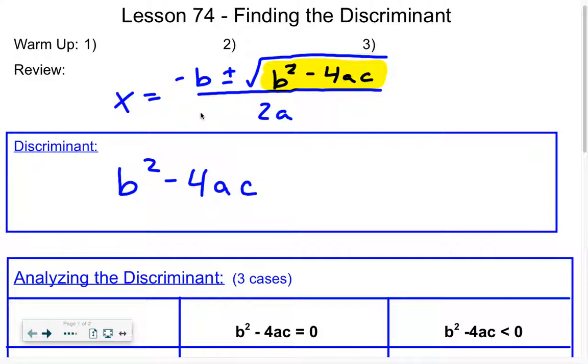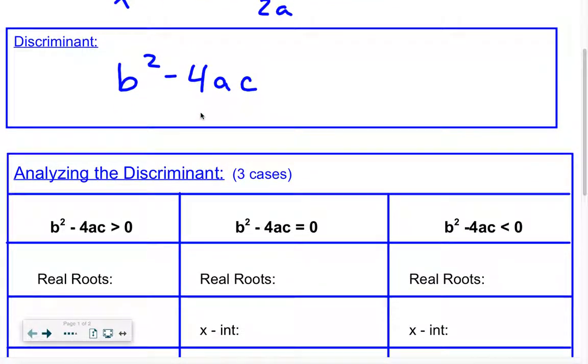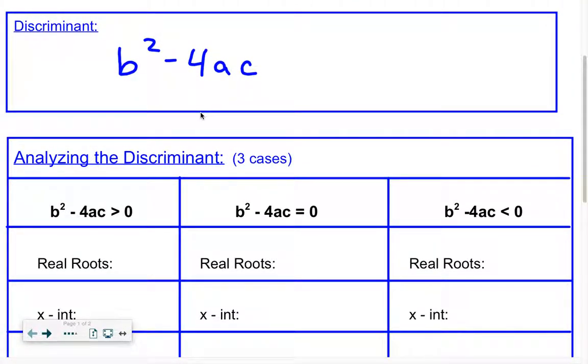We know we're going to end up having two real solutions. I can take the square root of any positive value. Whether or not it's perfect, I don't know. But I do know it's going to produce two real values because of the positive and the negative part of it. So if I find the discriminant and it's positive, I know I'm going to come up with two real roots.